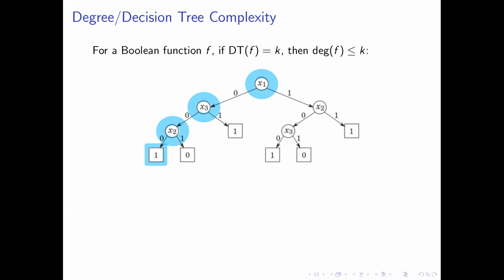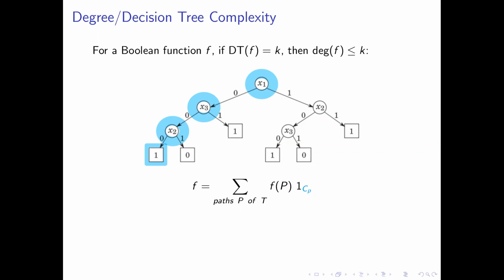So I have a sub-hypercube of all inputs where x1, x3, and x2 are 0. We can write f as a disjoint sum over these paths, where f of p, in this example, would be 1 for this blue path, and c sub p is the characteristic function of the subcube induced by that path.